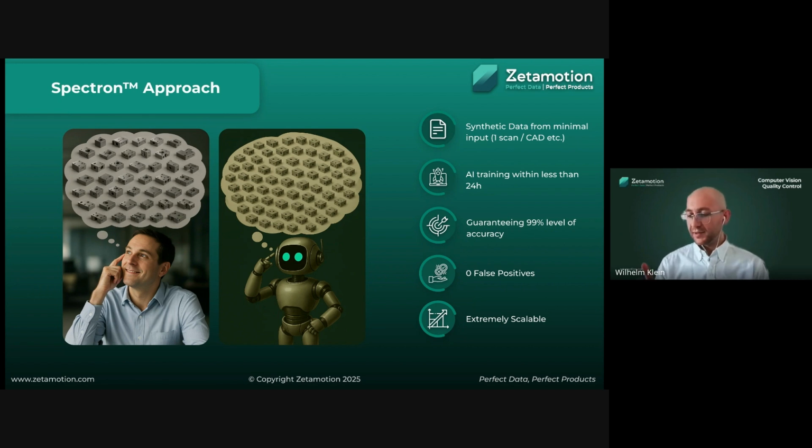The human can still extrapolate, can imagine what the kind of defects he or she has learned about would look like on this new type of mouse, right?